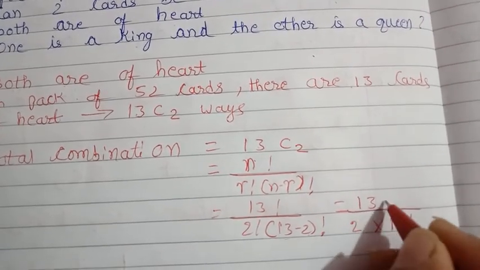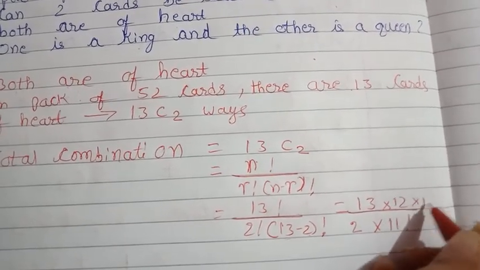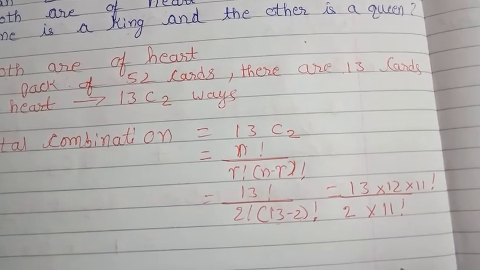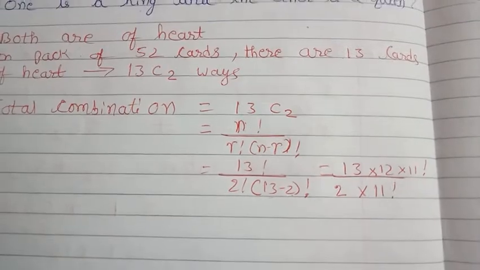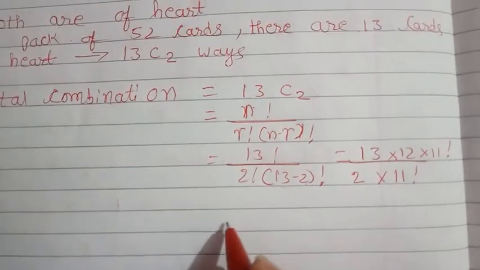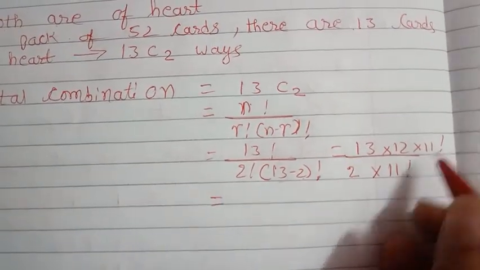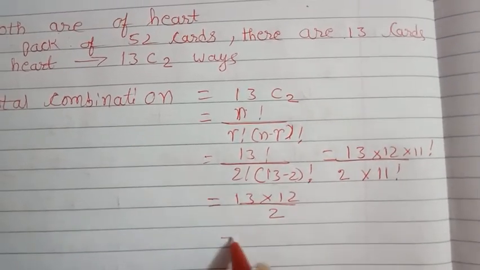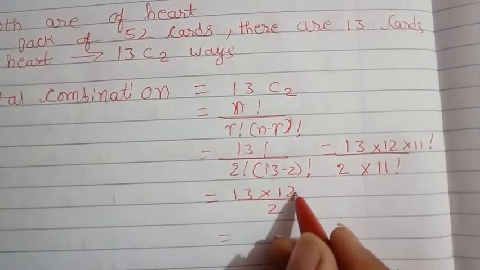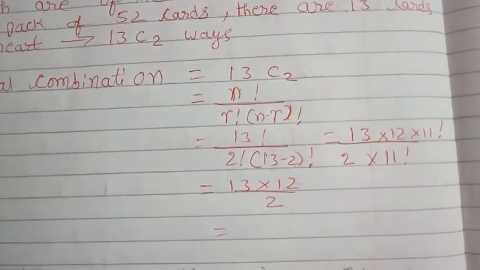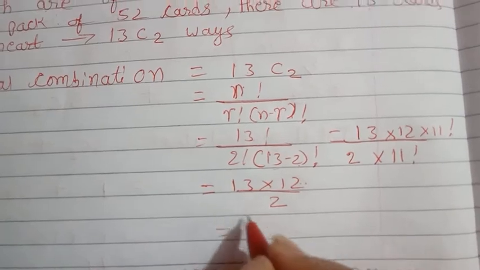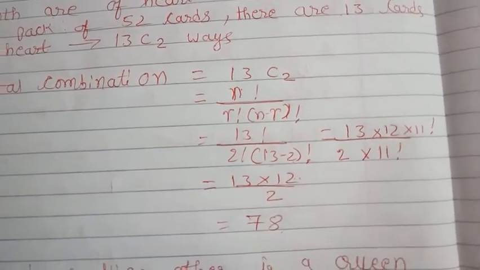So this will bifurcate till 11, 13 into 12 into 11 factorial. 11 factorial will get cancelled. So 13 into 12 upon 2. So our answer will come 2 sixes are 12, and 13 into 6. So my answer will come here 78.